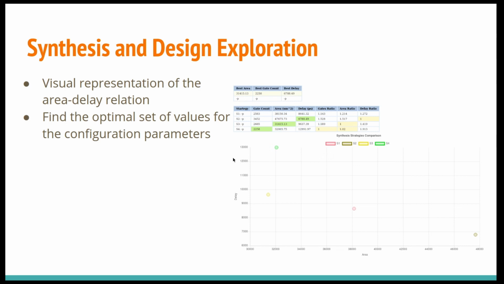For example, this is an HTML dashboard that is generated for one of the designs comparing the four default synthesis strategies. The user can of course add their own synthesis strategies if they know how to write ABC scripts, and this helps the user pick the netlist that achieves the right area delay balance for their application.